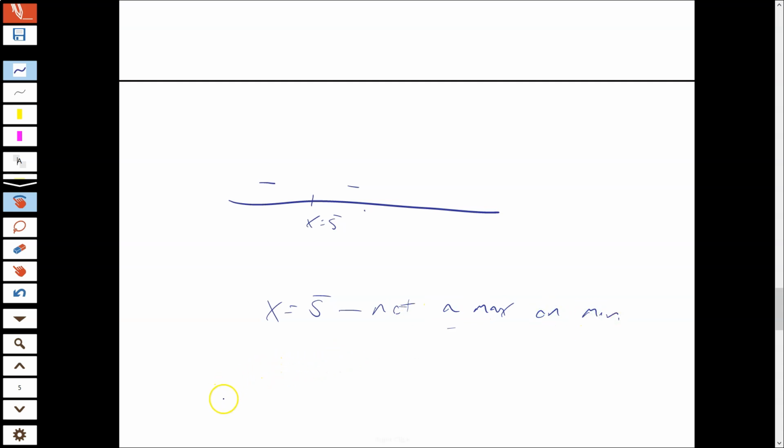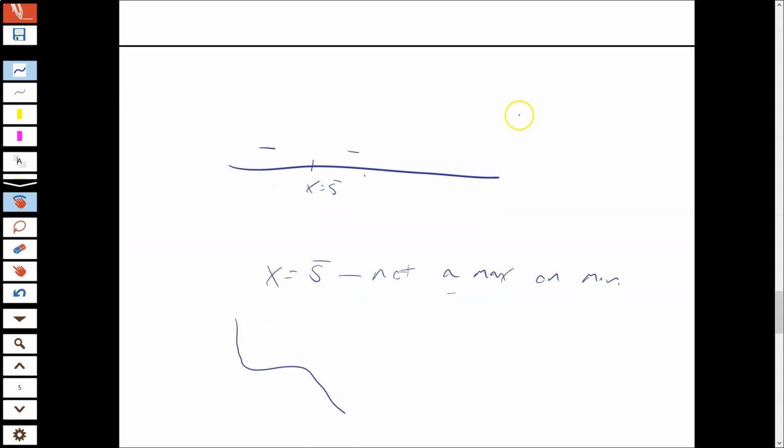Okay, so what the graph would look like is maybe, well, it's negative, so we should go the right way. Something like this. So where it evens out for a second, but then continues to drop. So that's not a maximum or a minimum, right? So that's why it's important to check each of our critical points. So we must check our critical points. We must check the signs around our critical point.